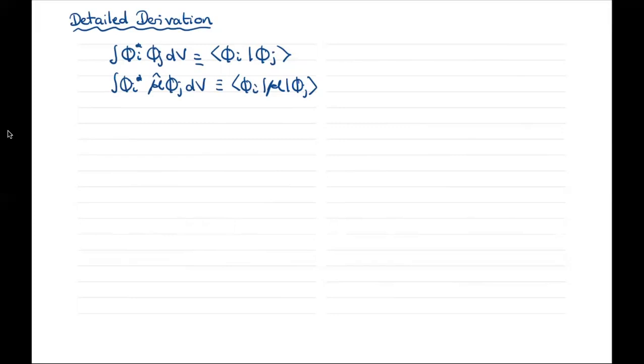And then within this notation, we're going to make use of some results from symmetry and orthonormality. So this is just some notation. Then we're going to use the fact that if phi 1 is in the same unit cell as the next phi 1, then the integral of phi 1 star phi 1 over all space is equal to 1.